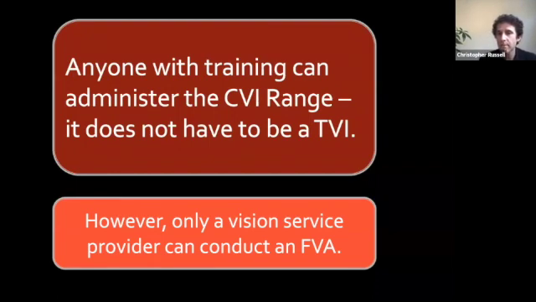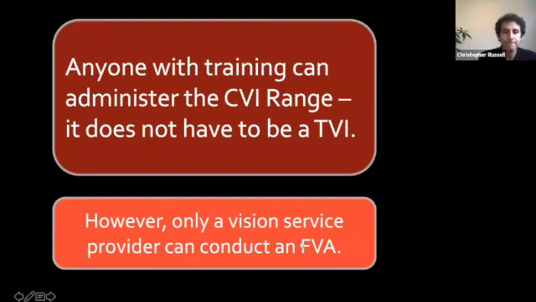Does anybody know in Maryland, if you're an O&M or a CVRT, can you do a functional vision assessment? You can type that in the chat box if you have a good answer. It'd be good to just clarify. I've heard some differences from state to state, which is interesting.